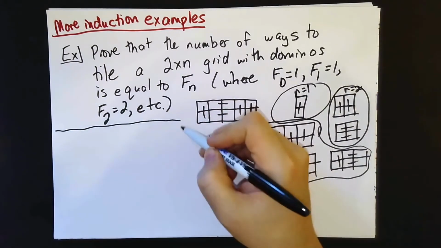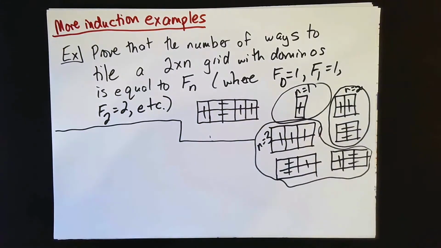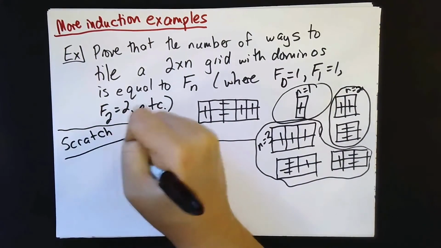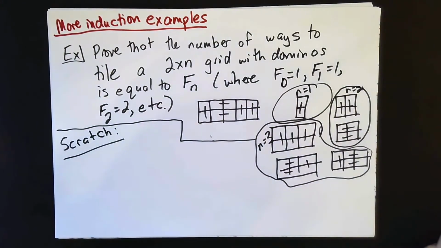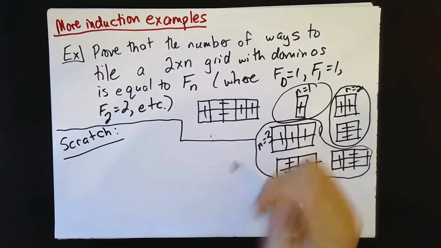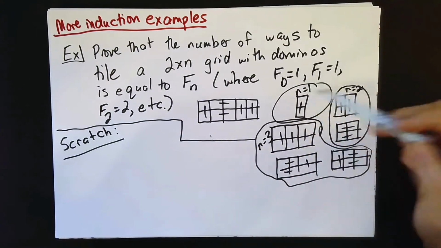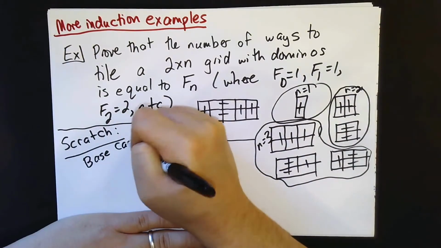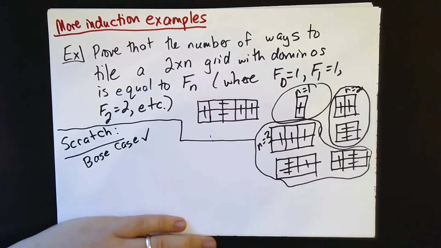So let's figure out what happens when I try and write this up by induction. Okay, so I'm going to start here with scratch work. Now, the scratch work certainly includes whatever base case I want to take. If I want to take 1, 2, 3, whatever of those I happen to want as a base case, we're good.